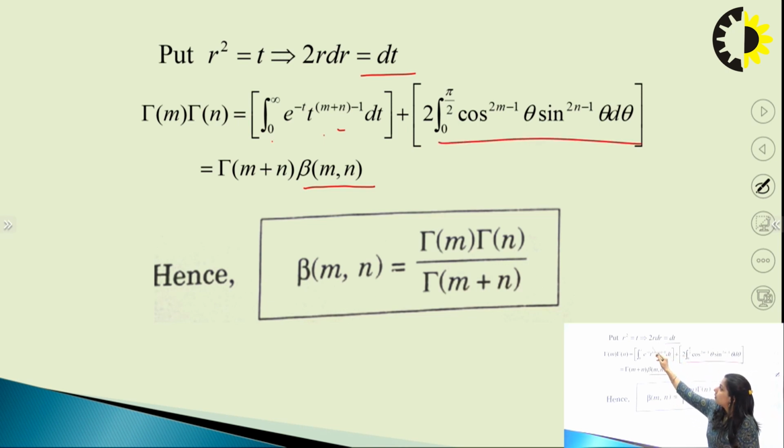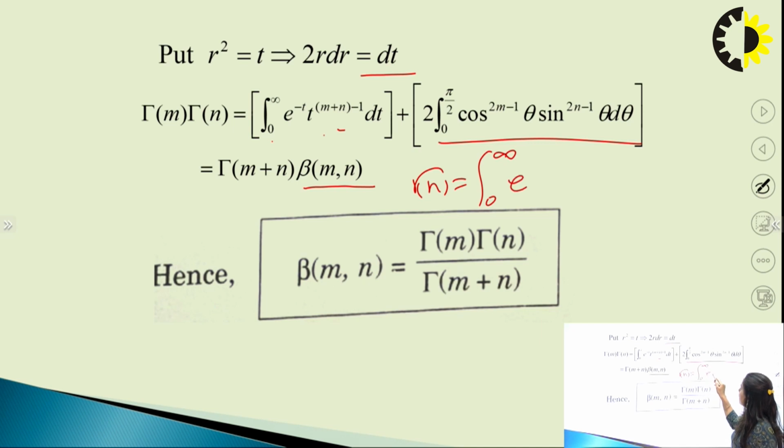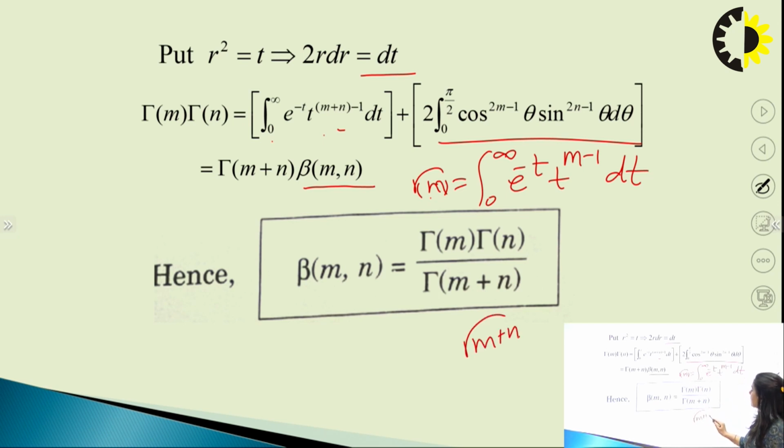And now by the definition of gamma function, gamma n is equal to integration 0 to infinity e power minus t, t power n minus 1 dt. So if we take gamma m plus n, gamma m plus n is equal to integration 0 to infinity e power minus t and t power m plus n minus 1 dt.